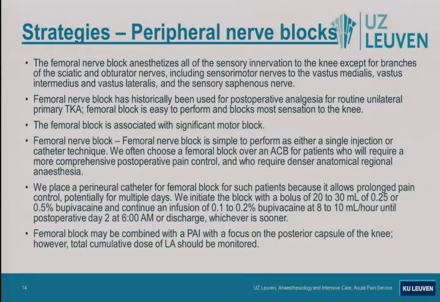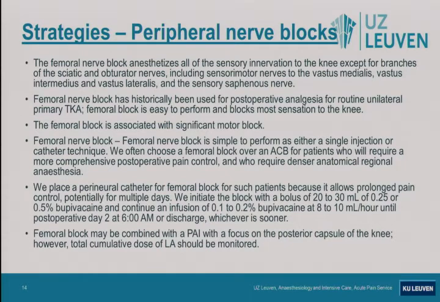Firstly, femoral nerve block. This is the stock standard. It's the workhorse of knee surgery analgesia. Femoral nerve blocks are easy to do, the anatomy is easy, and they work well. When you look at just the associated motor block, it is significant.